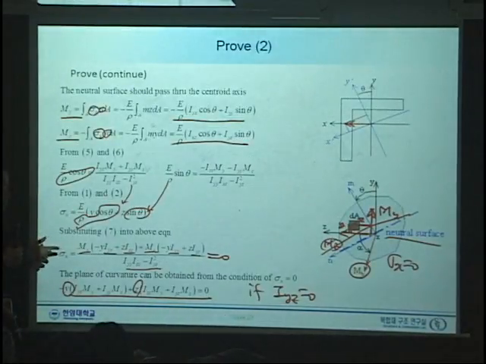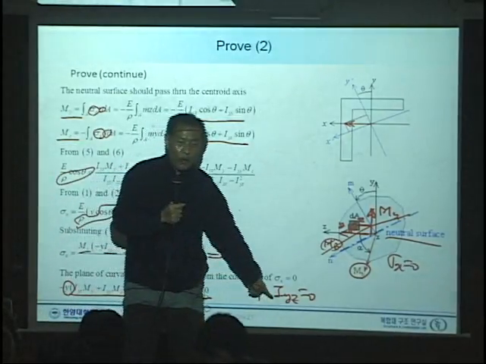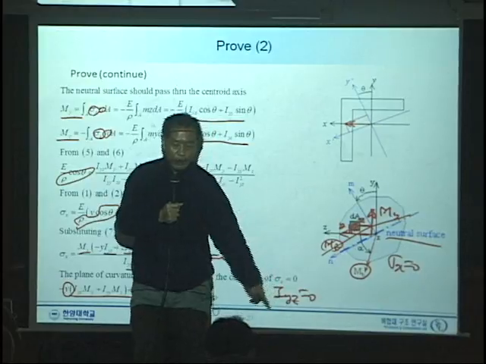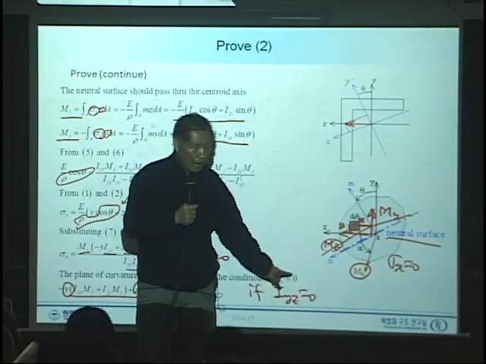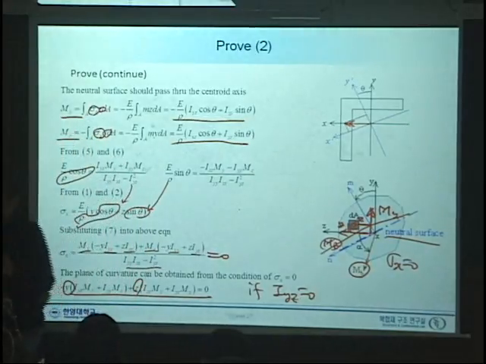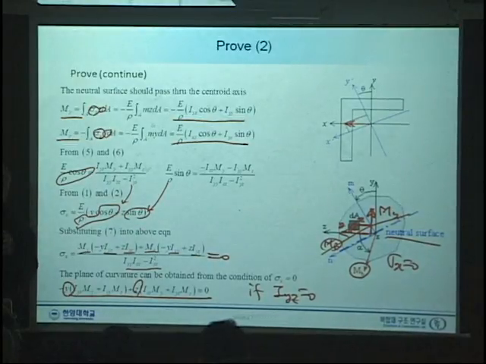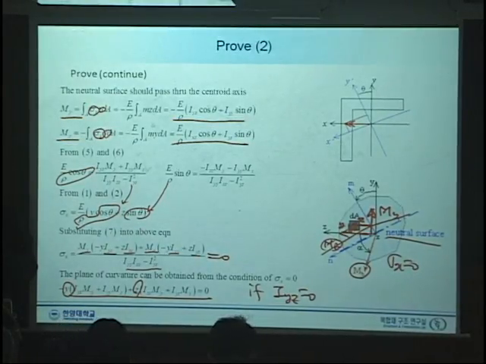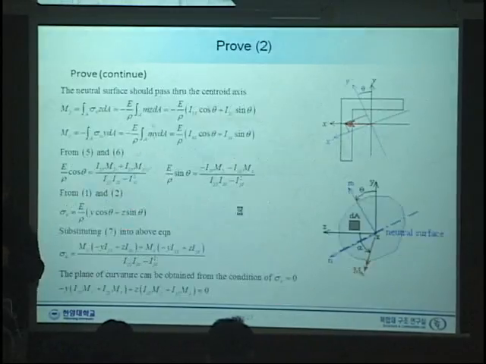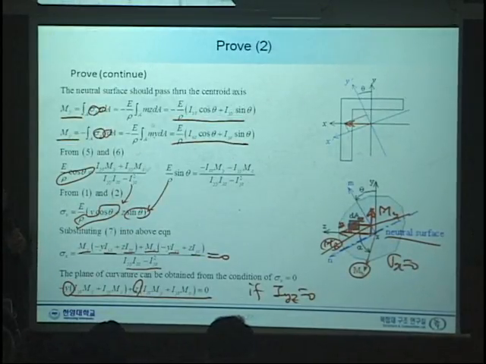Okay, the point here is how do we get I_yz equals 0? Principal moment, principal axis. How does I_yz equal 0? Do you remember how you get the principal axis for the cross section? So the point here is that you have the axis, you have this moment. All you need to do is calculate, let's say, y prime, x prime.